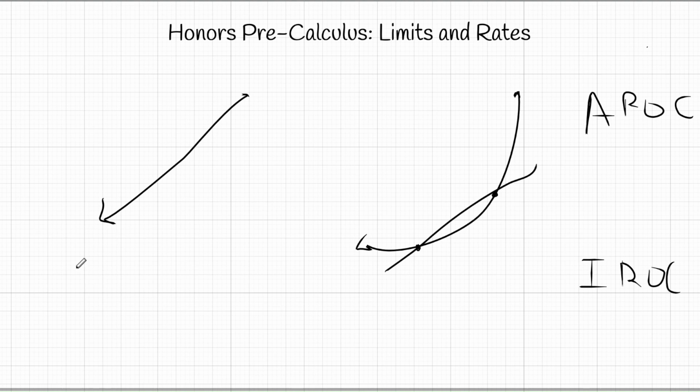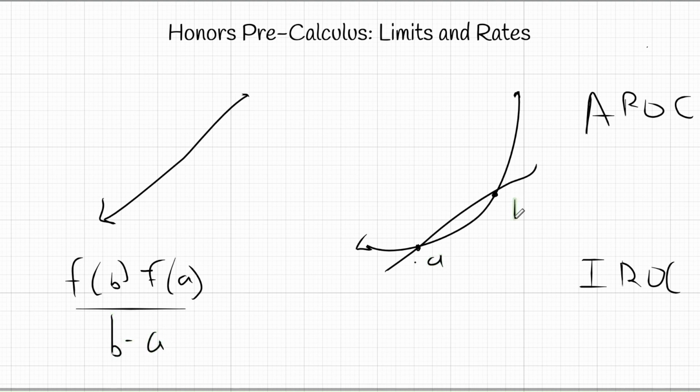So the definition of it is basically f of b minus f of a over b minus a. And this is saying that this is a, this is b, so the function values of that would be f of a and f of b respectively. So this is the formula for AROC.